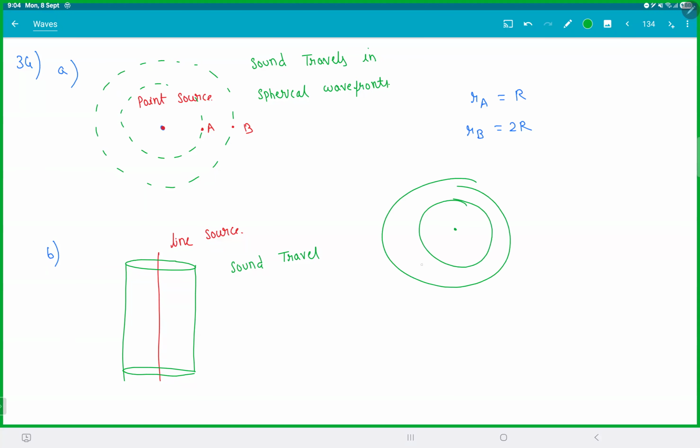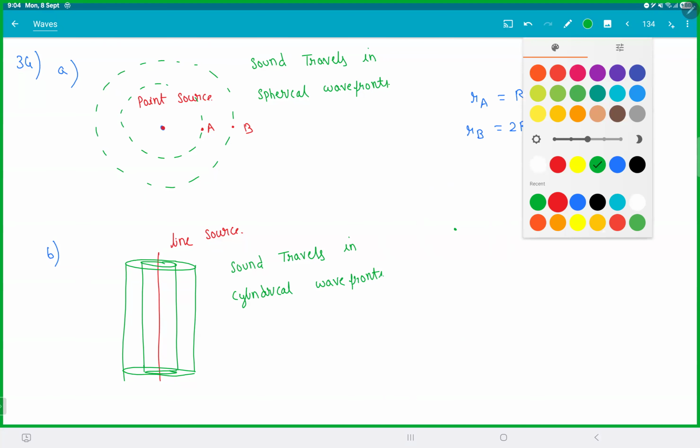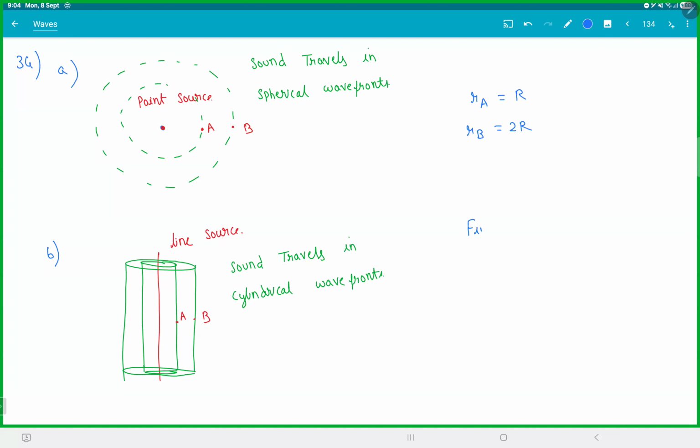Cylinders. Same thing. Find the difference in decibels between A and B. Both the questions. This is how they'll frame a question.